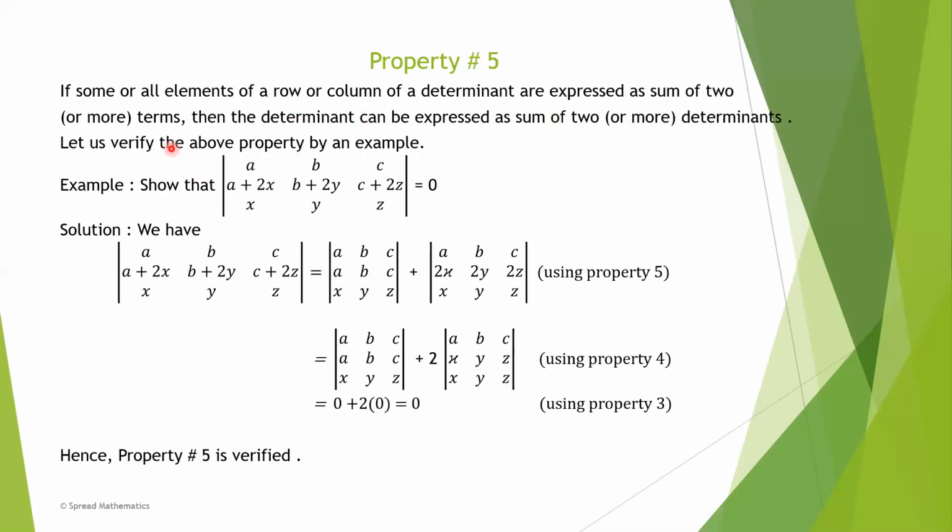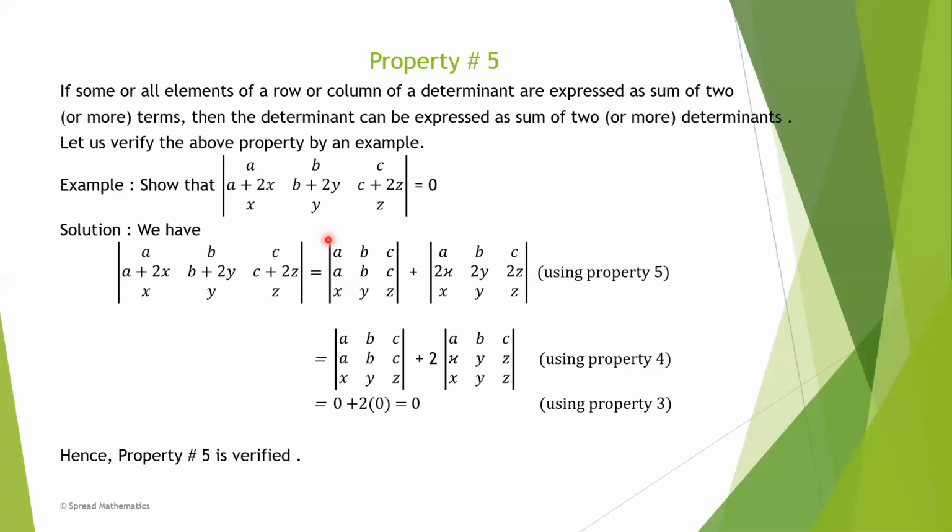Let us verify the above property by an example. Show that this determinant will be 0. Now we are taking the left hand side. We divide it into two determinants according to property 5.